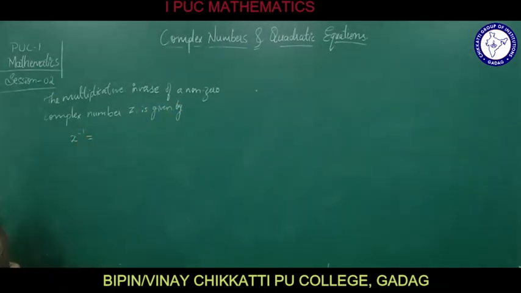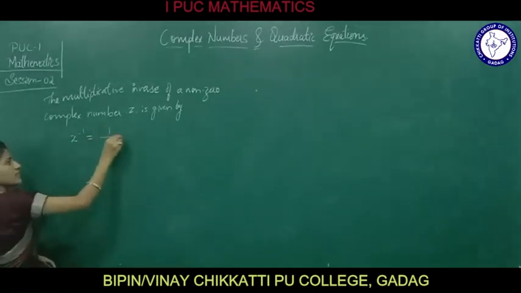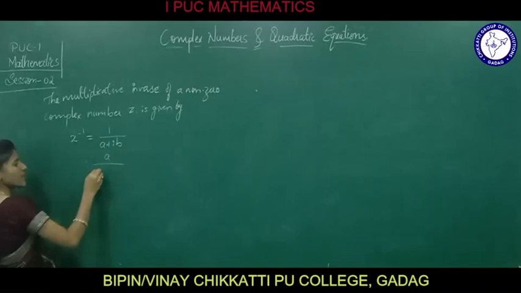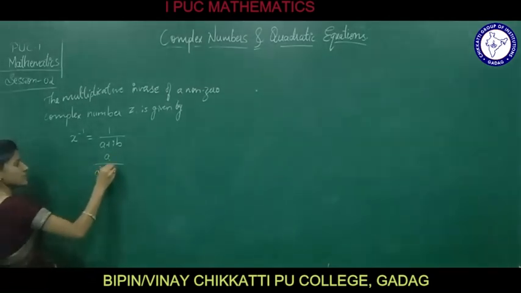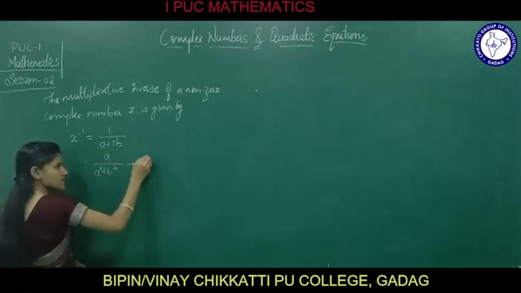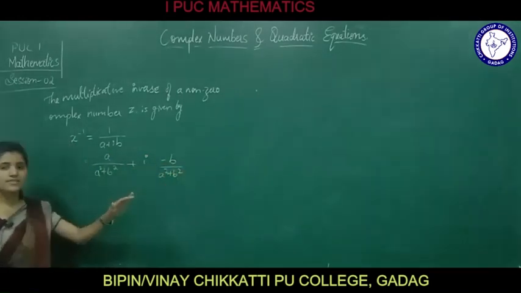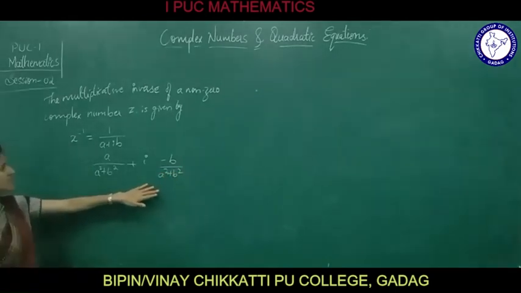This will be equal to what? 1 divided by a plus ib. This we can get as a divided by a square plus b square plus i into minus b divided by a square plus b square. This we have already studied during the identity, right?